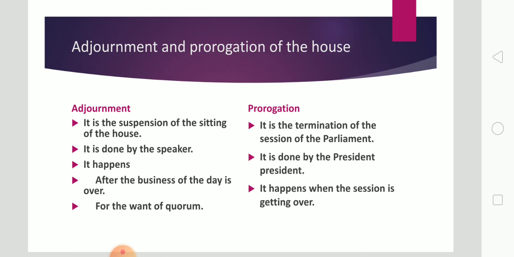Adjournment happens after the business of the day is over, for want of quorum, if too much disturbance is there in the House, or due to the death of a sitting or former member of Parliament, the Houses will be adjourned. But prorogation happens when the session is getting over. So these are the differences between adjournment and prorogation of the House.